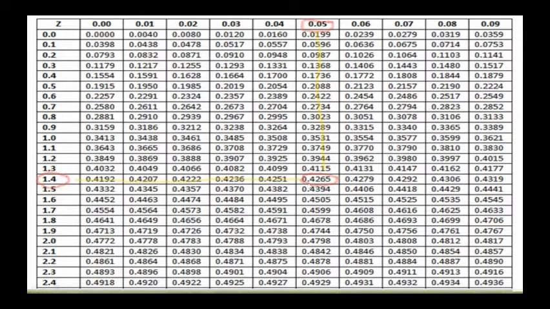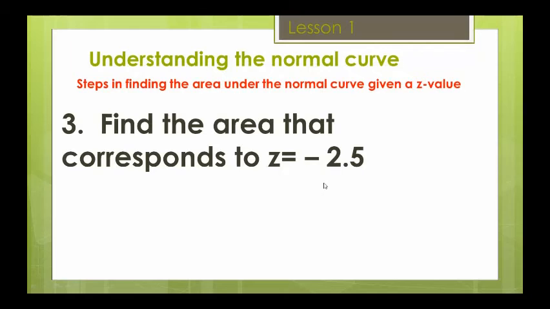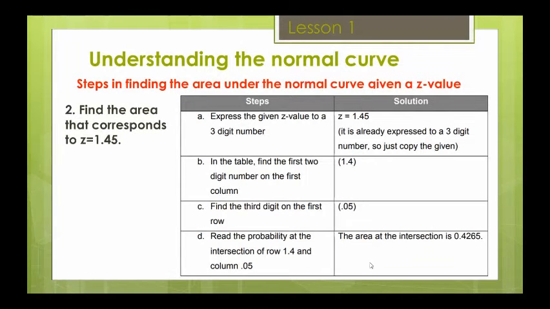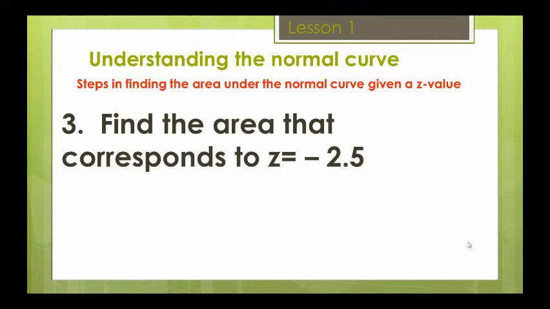So the intersection is 4.265. Okay, so the area at the intersection is 0.4265. So, yan na po. That's how we are going to use the z table in finding the area under the normal curve. Okay, next. Number 3, find the area that corresponds to z equal to negative 2.5.